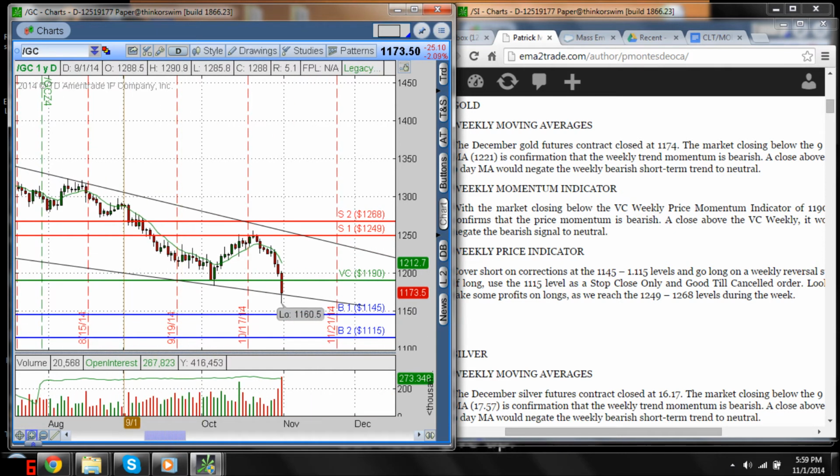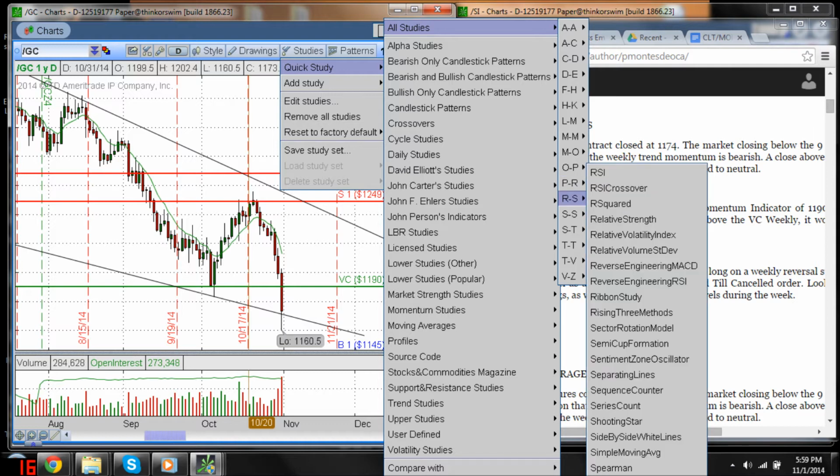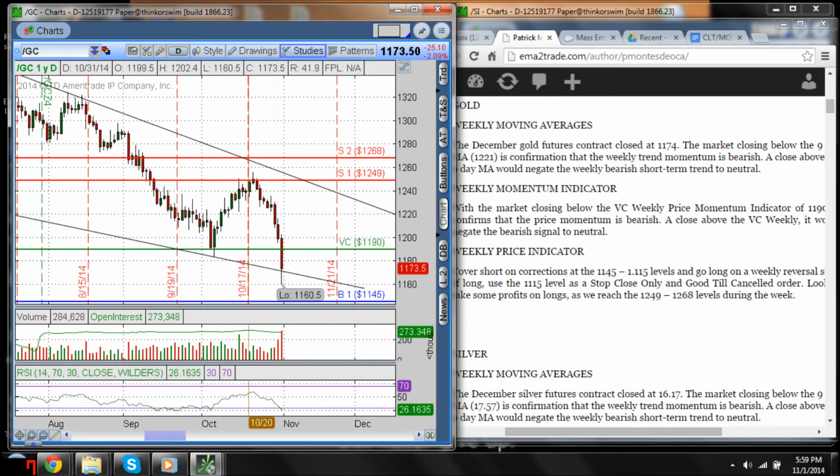You can see the RSI below is extremely oversold, at 25 or lower. I think we can expect the market to hold these levels into next week and rally from here, just as a target.